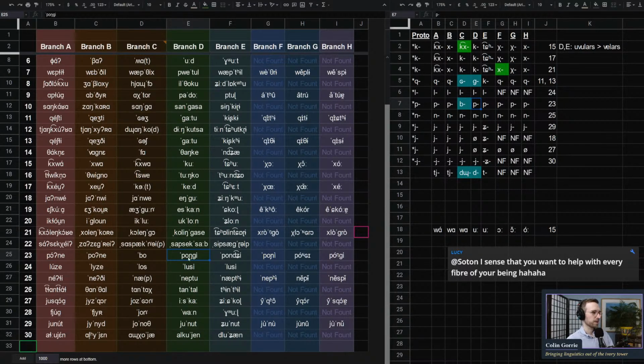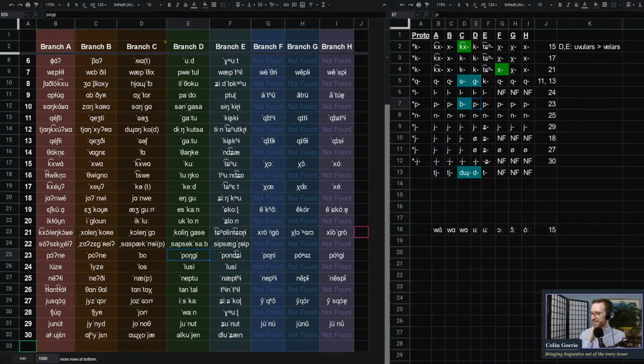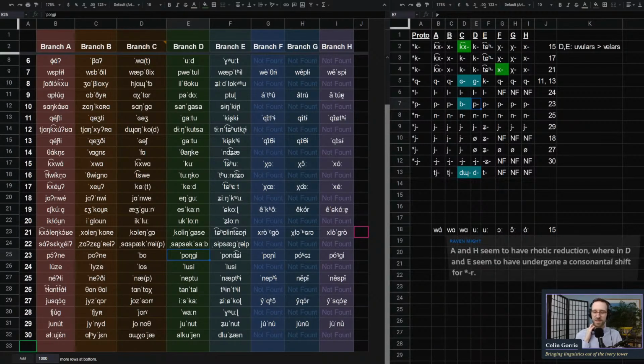Why is this pongi? Is this dissimilation because there's a later voiced stop? Maybe. Let's see if we can find any other instances where the voicing pattern is different.